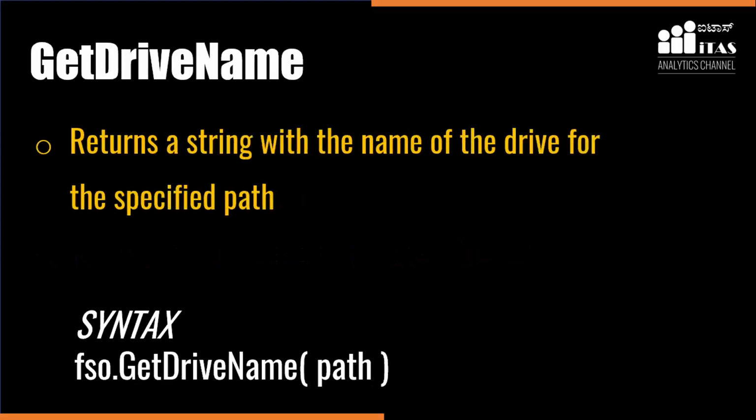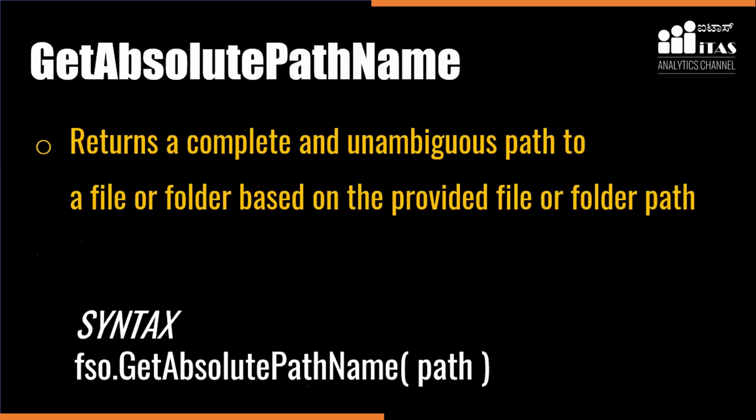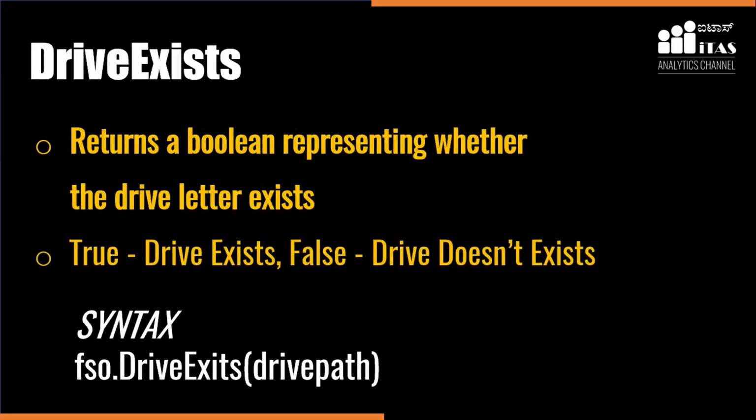Then we have GetDriveName. If you specify a path, I'll get the drive name of the path. Then I have a function called GetDrive, which will help me in getting the file size or path or many other details. Let's see how we can work on these functions one by one.